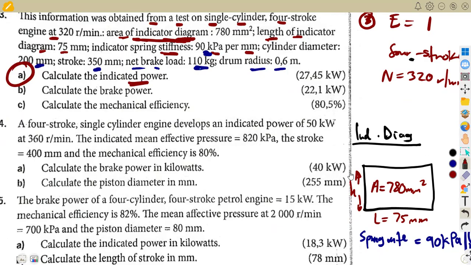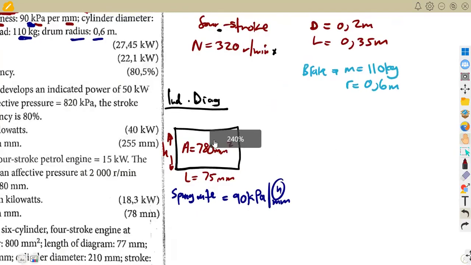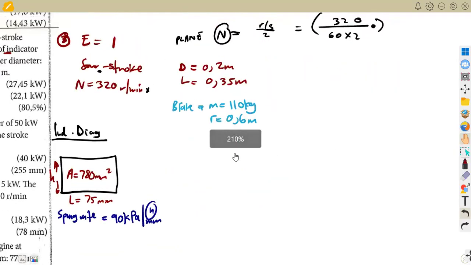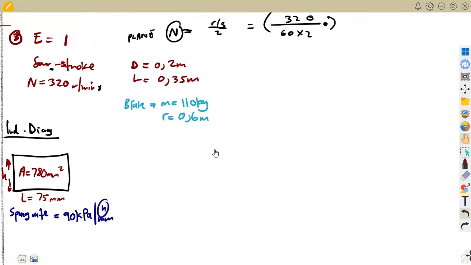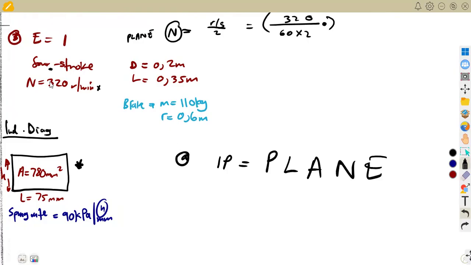We saw from the last question that if we have an indicator diagram, what we get is the indicated mean effective pressure, which helps us calculate the indicated power, since the indicated power is taken from the plan, because we are not given any efficiency that we can use. Even the brake power we do not have. So we are supposed to go back here.